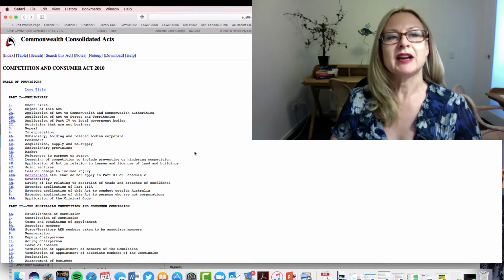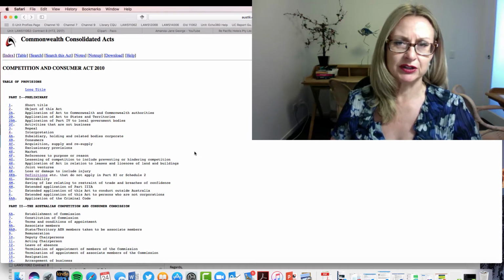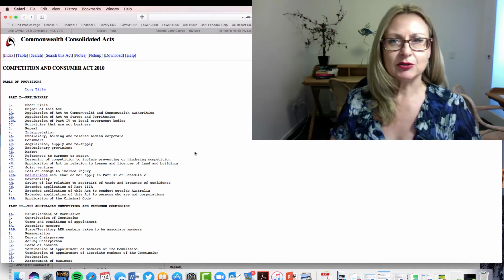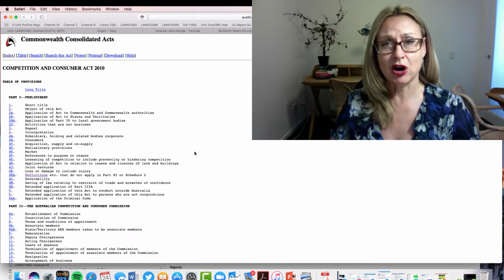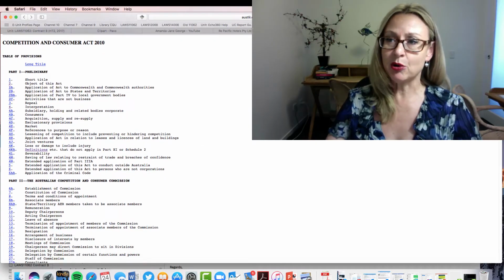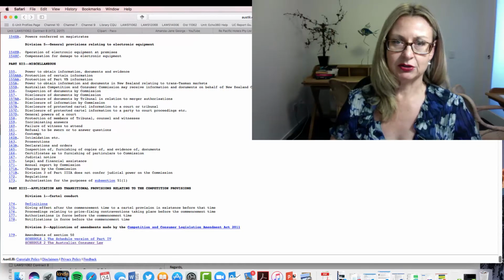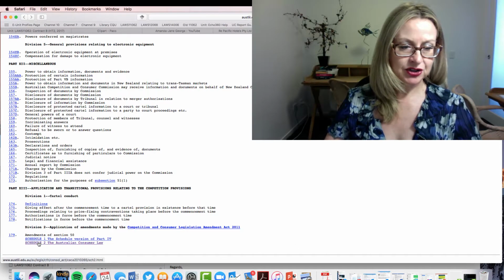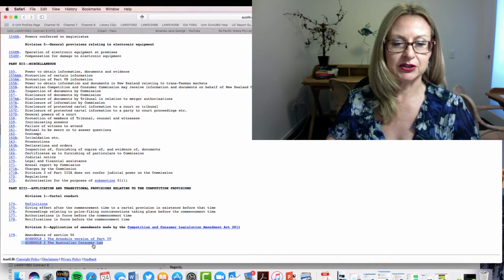I didn't know whether you had had a chance to have a look at the provisions of the Australian Consumer Law before, just on the off chance that you have not and you haven't had to actually go and find the thing. You will note that it is located down the bottom of the Competition and Consumer Act on AUSLI as Schedule 2. You can see down there, Schedule 2, Australian Consumer Law.